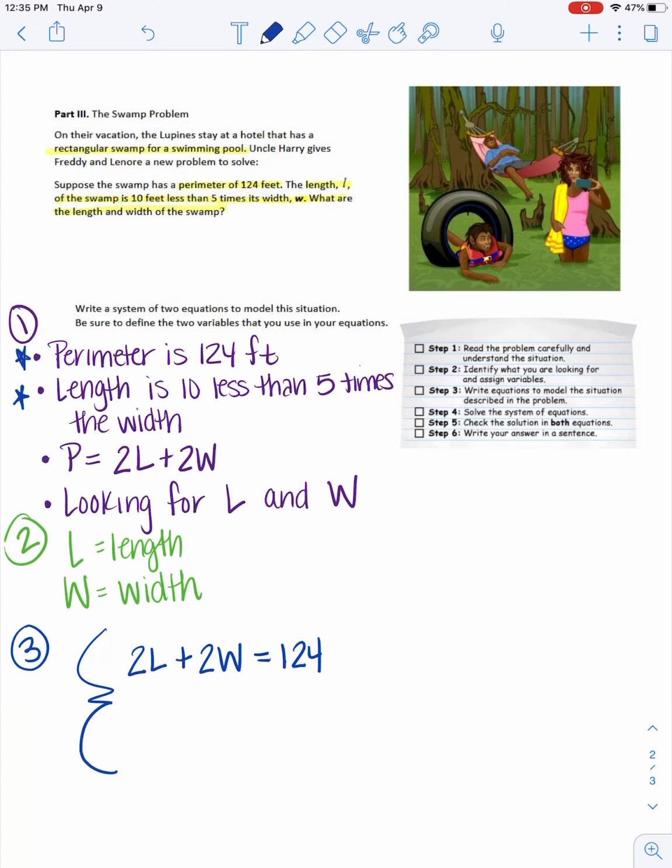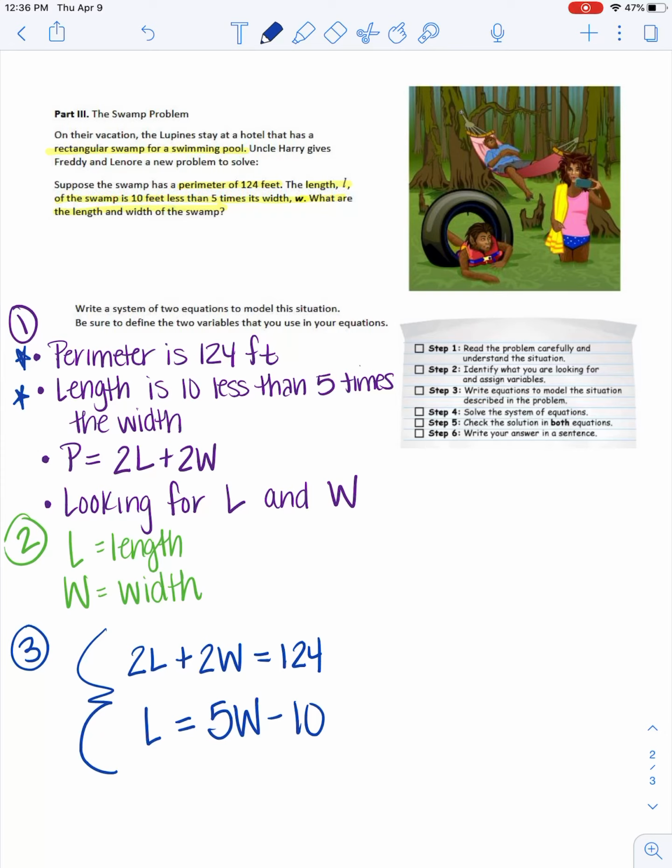Okay, so that takes care of our perimeter restriction. And then we also know that the length is 10 less than 5 times the width. So I'm going to do 5 times the width and then take away 10. And that is our system of equations.